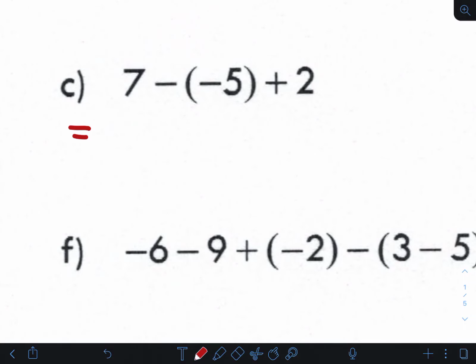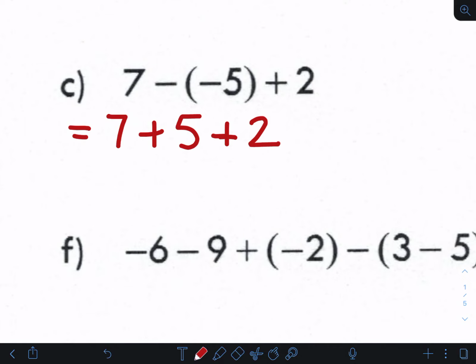So if I were to rewrite this, 7, now if I'm subtracting a negative number, that's actually the same thing as adding the positive number. And then I continue with positive 2. Okay? So that's one important thing to remember.